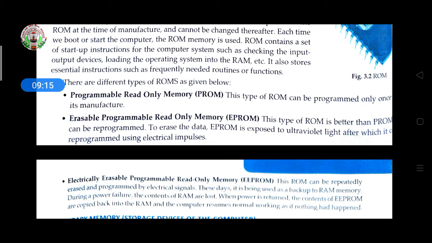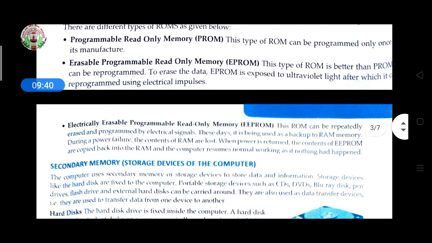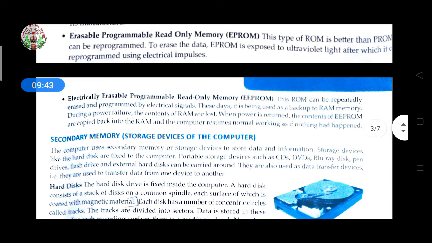EPROM is exposed to ultraviolet light, after which it is reprogrammed using electrical impulses. Means if you want to reprogram the data, with the help of this you can erase the memory and then again reprogram the data using electrical impulses.